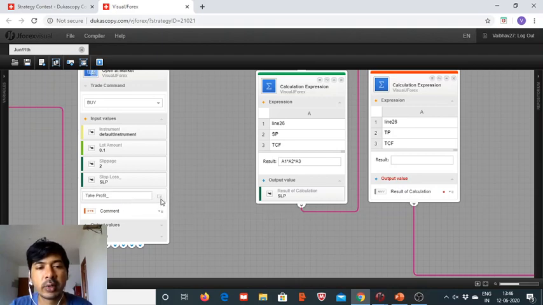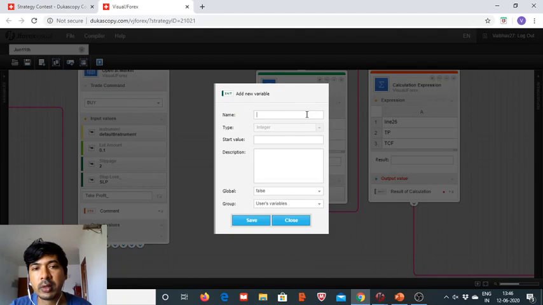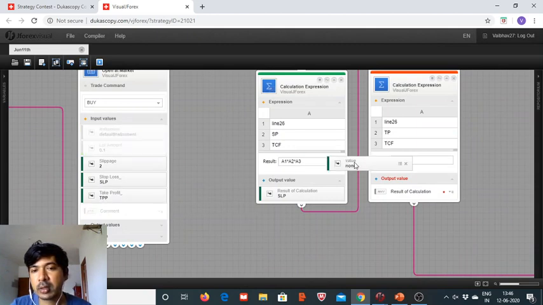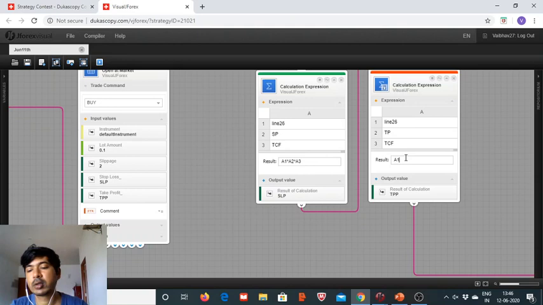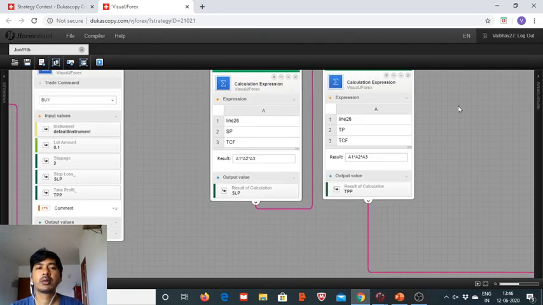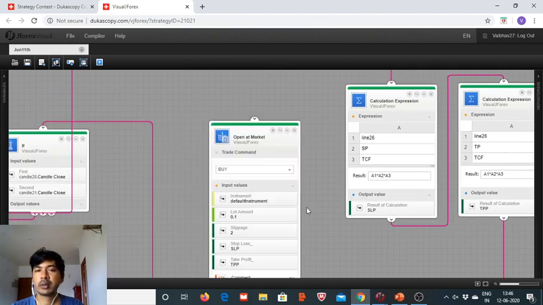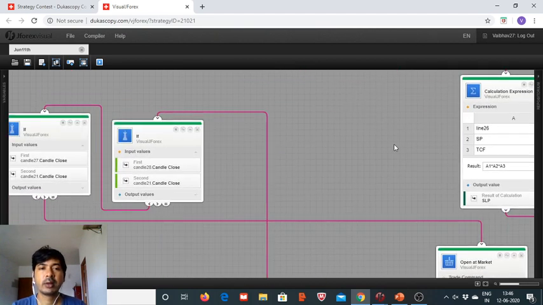And here also creation of fresh variable, target price pips. Okay, and the same thing here. We forgot to do the calculation, so we do it now. A1 into A2 into A3. Okay, so here we have done this. Buy side is done.